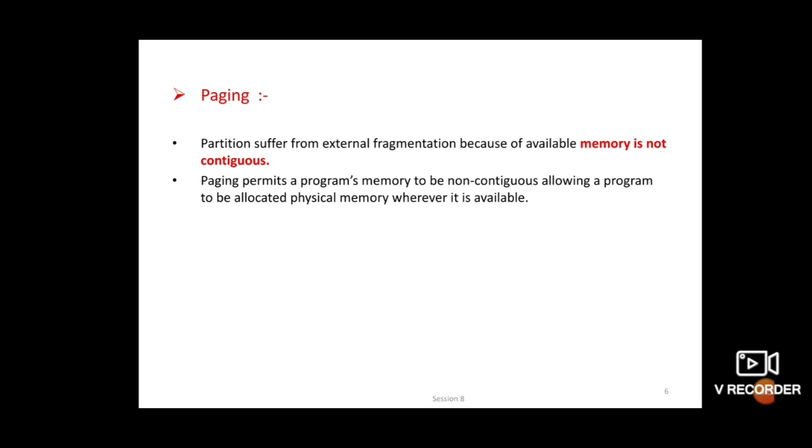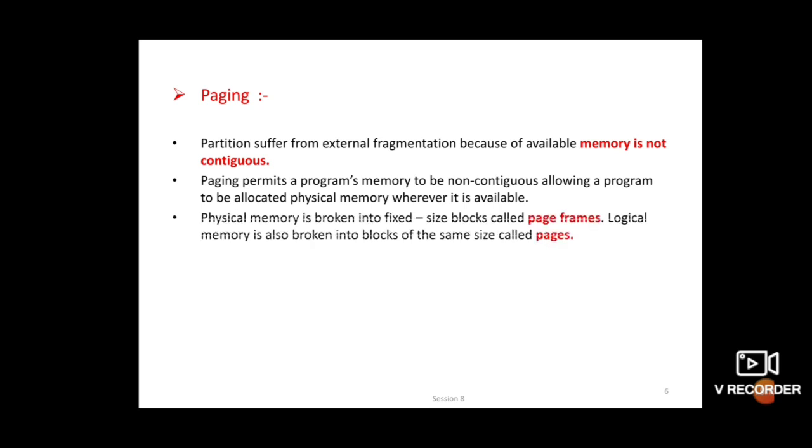Physical memory means main memory. Data is stored anywhere in physical memory wherever free space is available. Wherever space is available, that page is stored into main memory or physical memory.